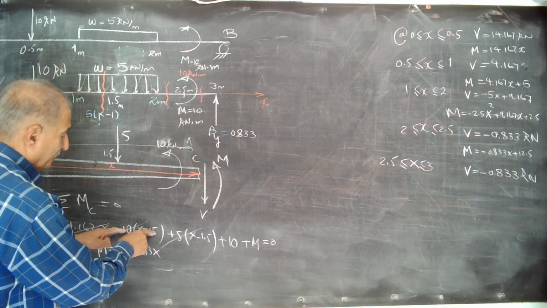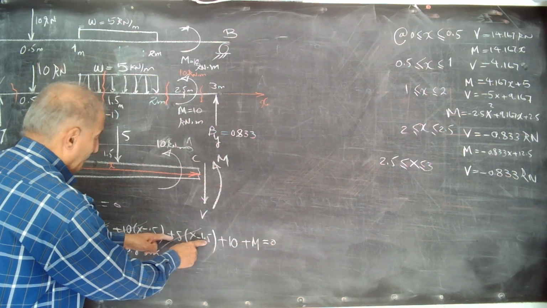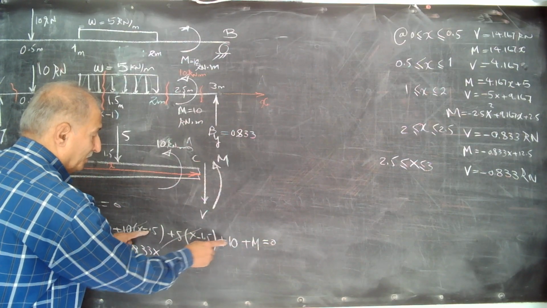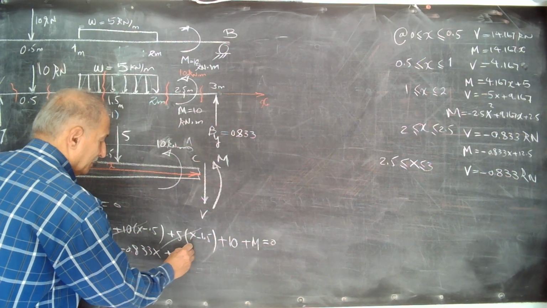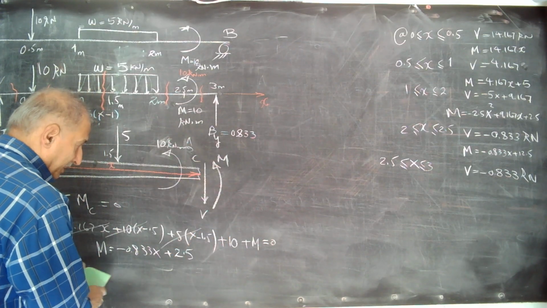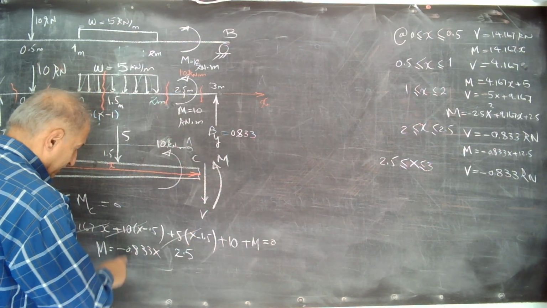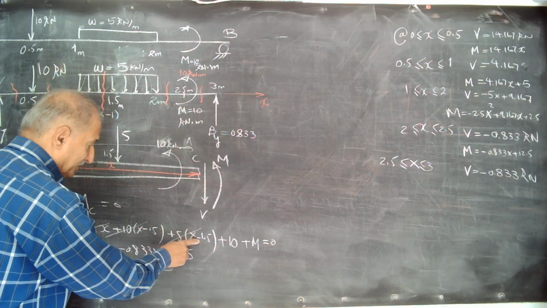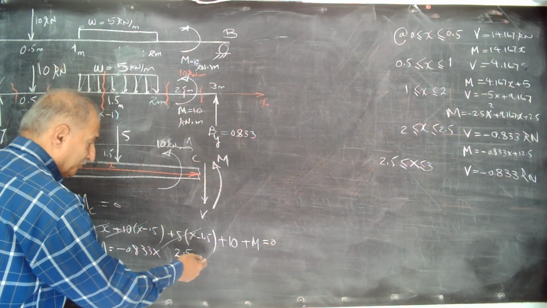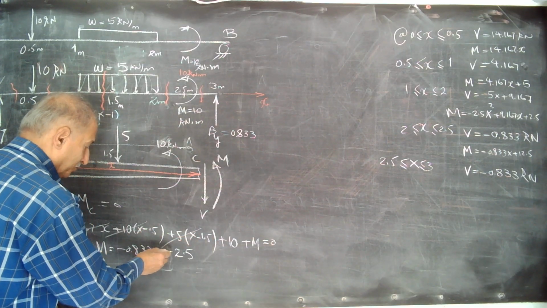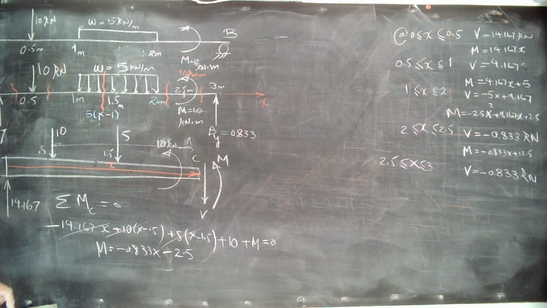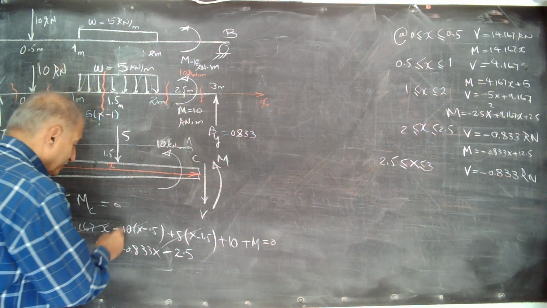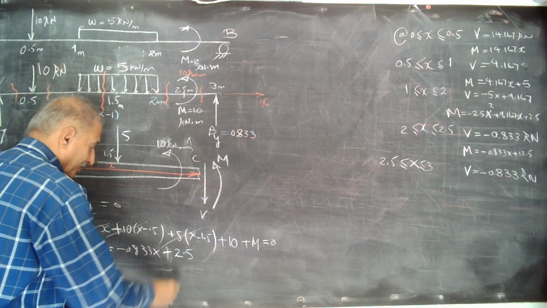Then we have here minus 5, minus 7.5, minus 12.5, plus 10 is minus 2.5, and then yes, the direction will be changed because I bring them to the other side.